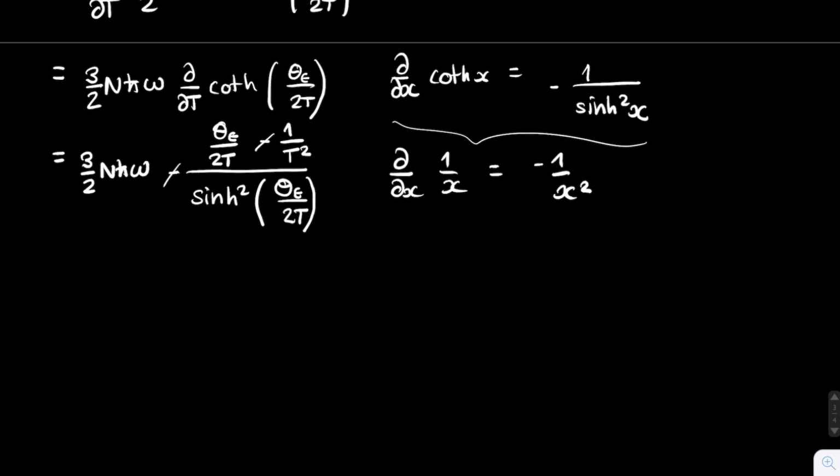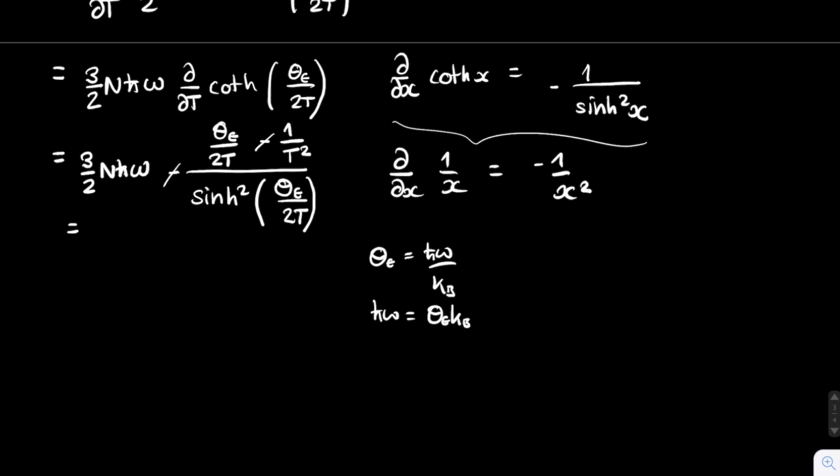You can immediately see these minus signs are going to cancel. Now, if you remember, ħω is related to the Einstein temperature, which is simply a function of frequency. The Einstein temperature is equal to ħω over k_B, so ħω is the Einstein temperature multiplied by k_B.